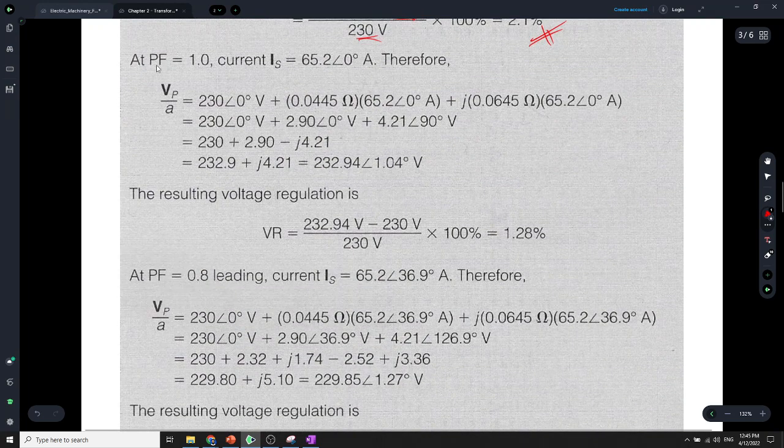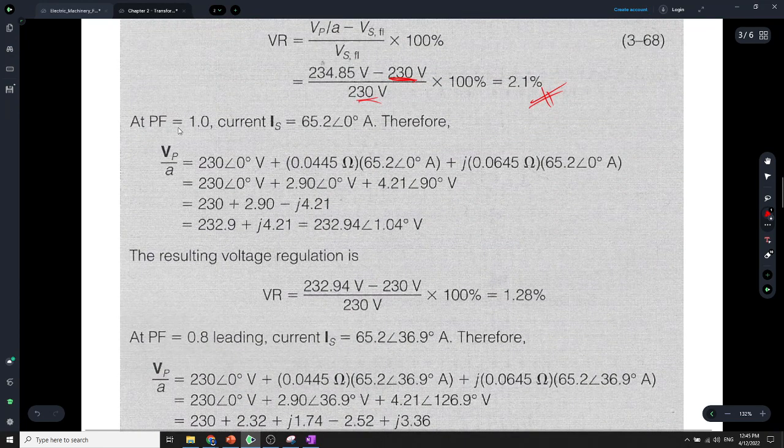Then they say calculate the voltage regulation at the power factor unity, 1. We have the value of Is, and 1 means that the angle is 0, in the same phase with the voltage.